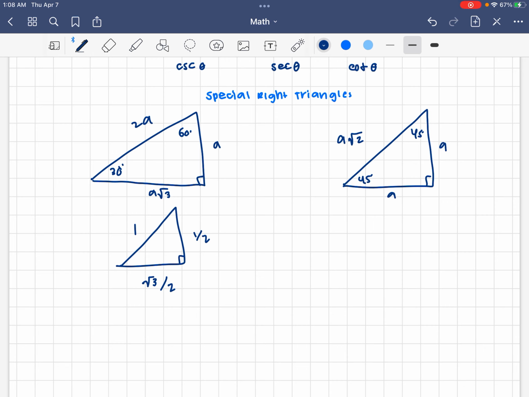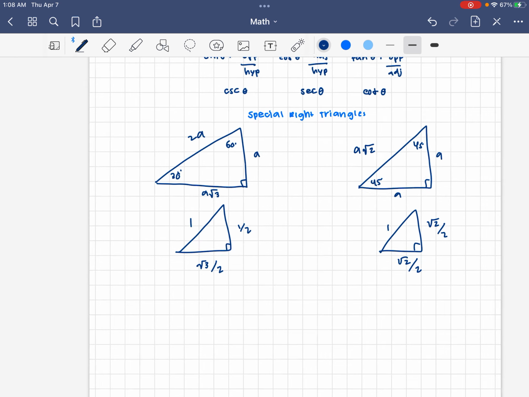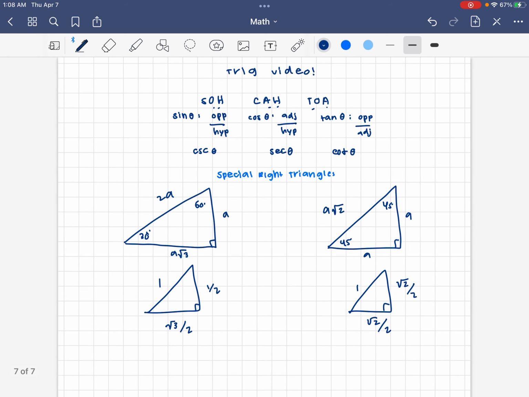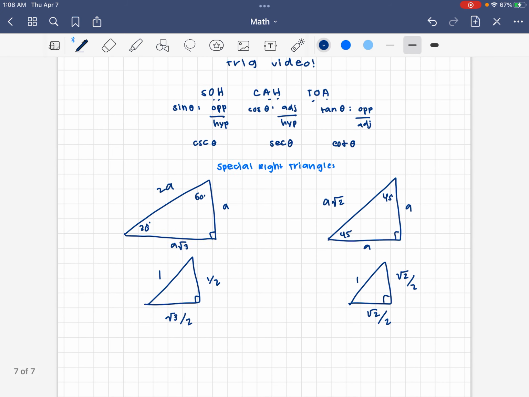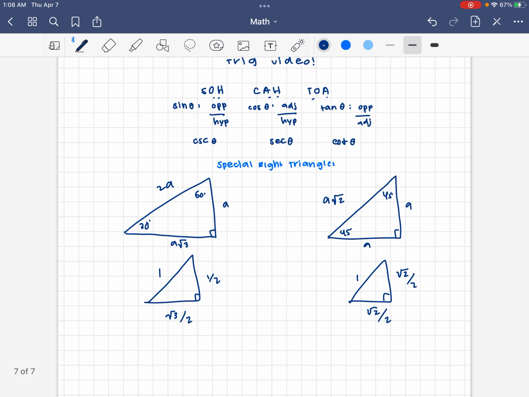And for numerical, square root of 2 over 2, square root of 2 over 2, and then 1. So for example, we're going to do sine 45. Sine is opposite over hypotenuse.